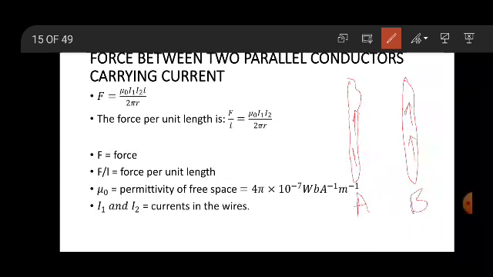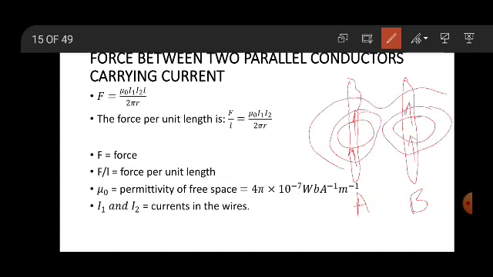If both of them have their current moving in the same direction like we have in the diagram, the force will be an attractive force. It will attract each other just like this. But if the currents are flowing in opposite directions, the force they will experience will be a repulsive force.